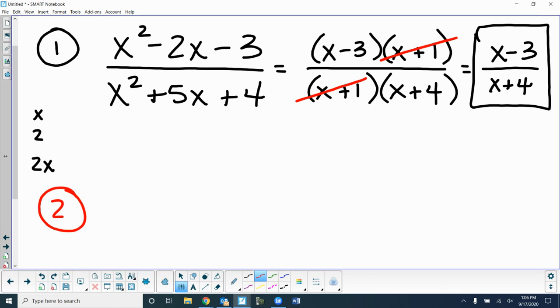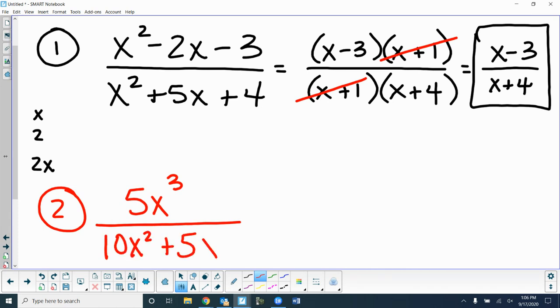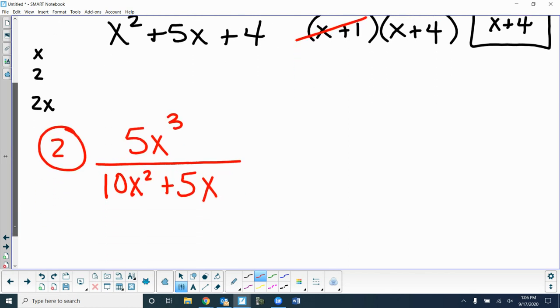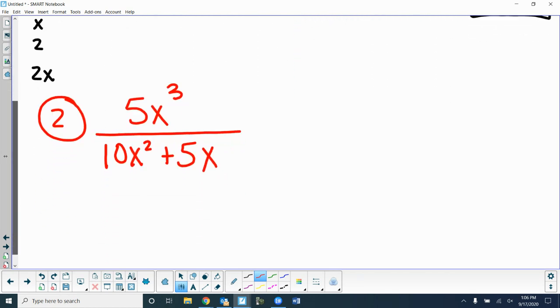Number 2, we got 5x cubed over 10x squared plus 5x. Can I factor the numerator? A 1-term polynomial, a monomial? You can't factor that. It's just already a factor, right? Binomial. Is there a GCF?